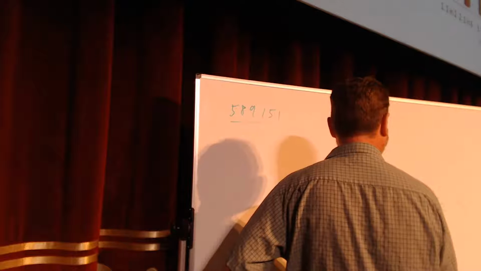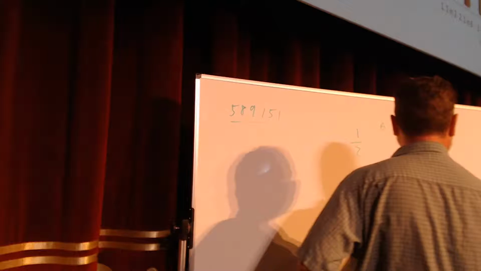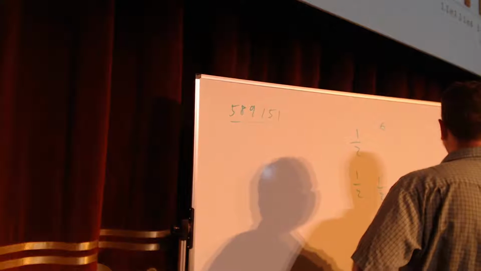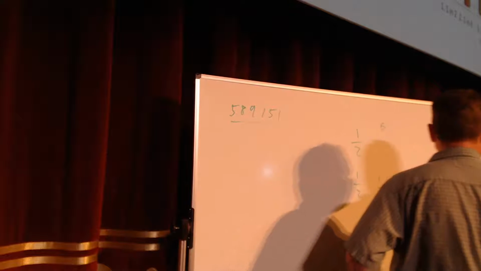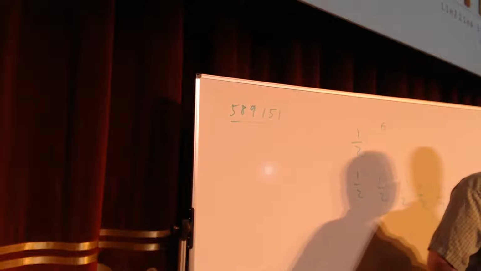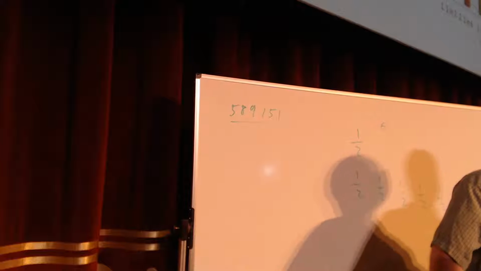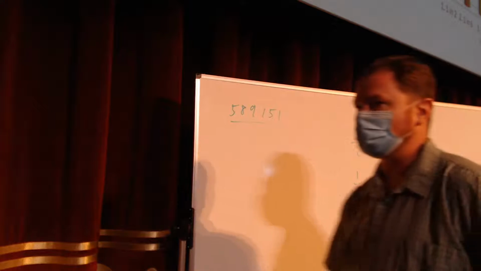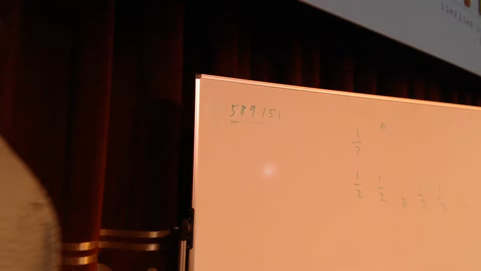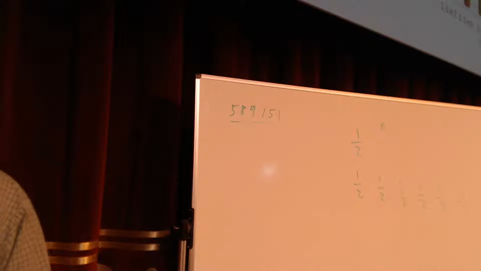So 2 and 2 is 4, 4 and 2 is 8, 8 and 2 is 16, 16 and 2 is 32, 32 and 2 is 64. Your odds of all of them coming up heads is 1 in 64, as 67% of you correctly predicted.